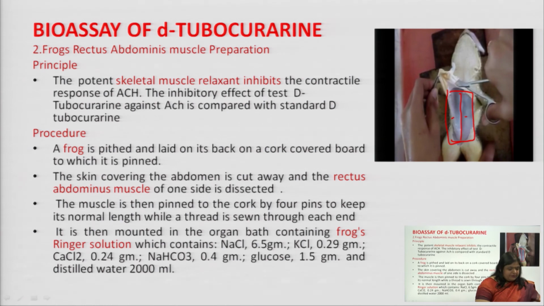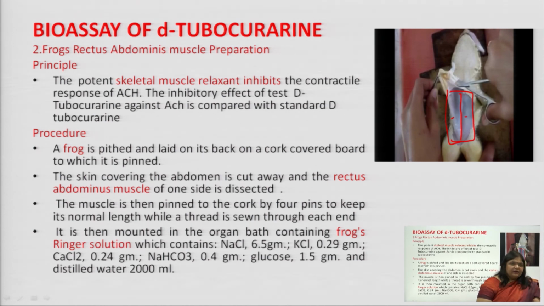D-Tubocurarine. So the procedure: the frog is picked, laid on its back, and pinned on the board. The skin of the abdomen is removed, we dissect the rectus abdominis, the muscle is pinned, and then it is put in the organ bath. The organ bath contains the frog's Ringer solution, and this Ringer solution contains sodium chloride, potassium chloride, calcium chloride, sodium hydrogen carbonate, glucose, and distilled water made up to 2000 ml.